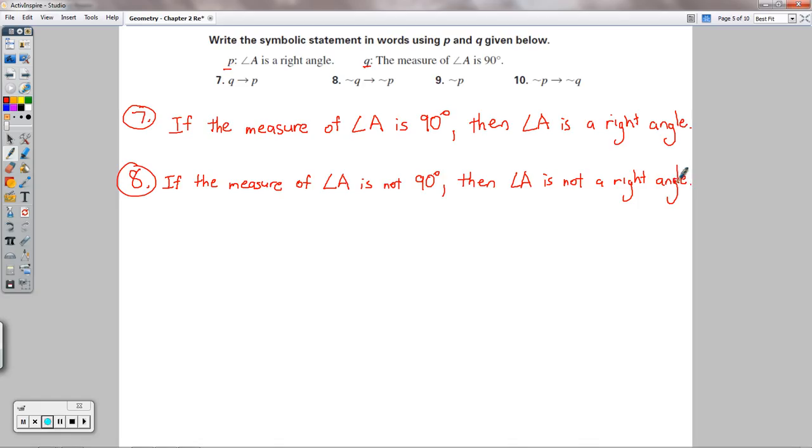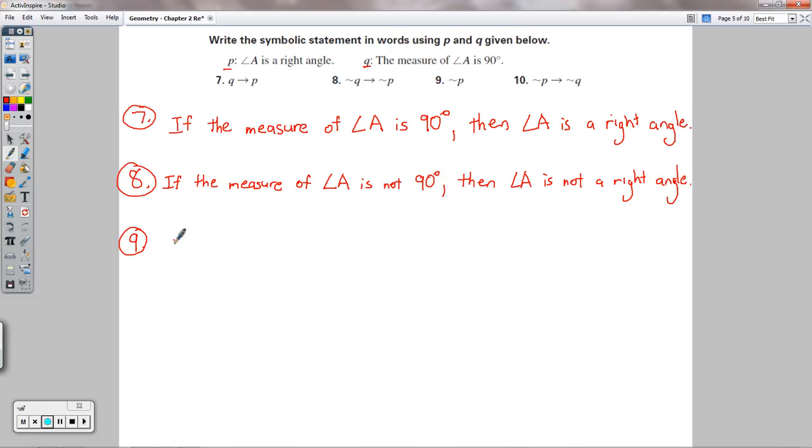So notice it's the same as number 7, just negated. I have nots in there. And so we have the contrapositive of P implies Q.